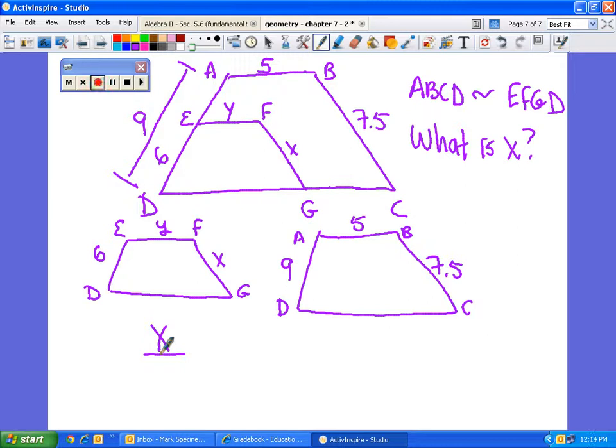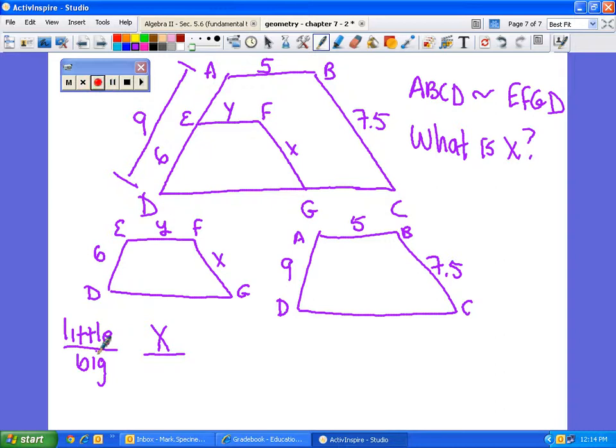What I mean by that is you mix up which part goes where. So what I recommend is wherever you put the X, make sure you label. We're going to call this one the little figure and this one the big figure. So you're going to put the little figure on the top and the big figure at the bottom, because when you set up your proportion, you have to be consistent.